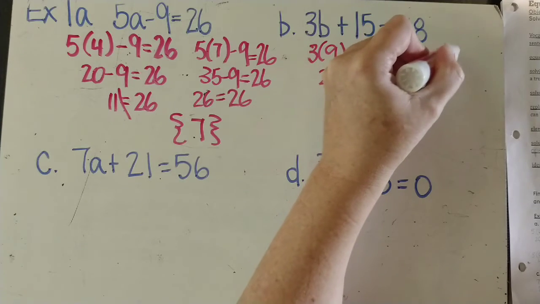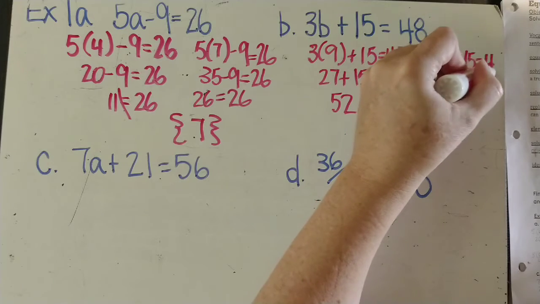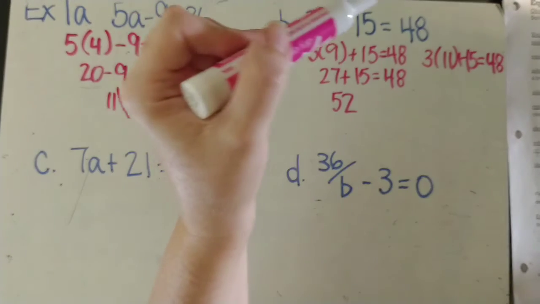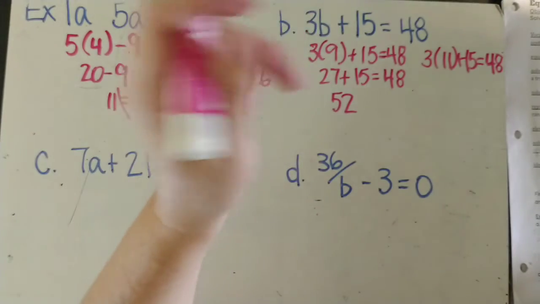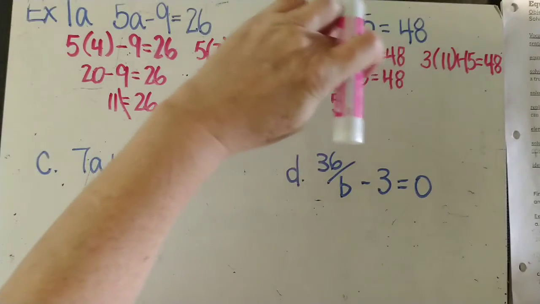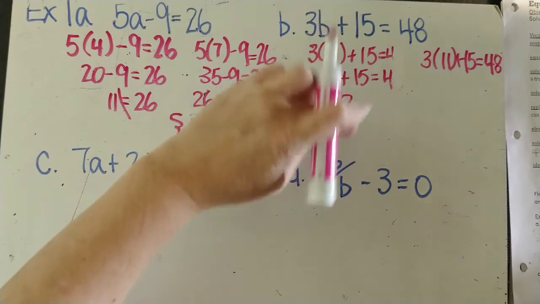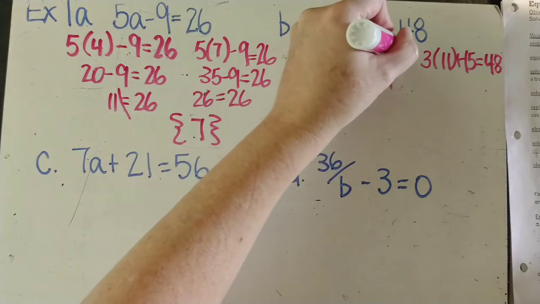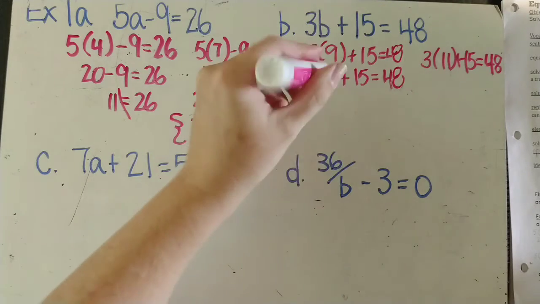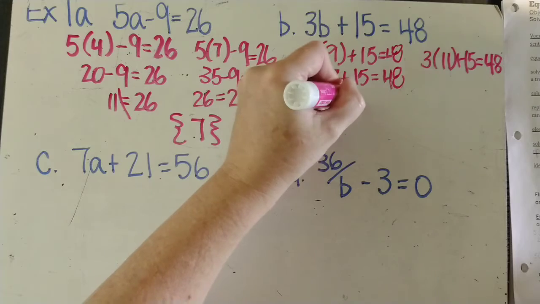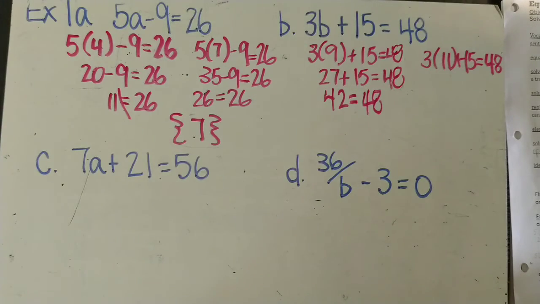Three times 11 plus 15, is that 48? Actually, this should say 42. 42 is not equal to 48. I knew that didn't look right. Trying to figure it out. Got it wrong in my notes here.